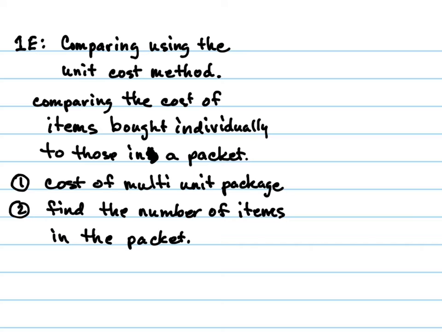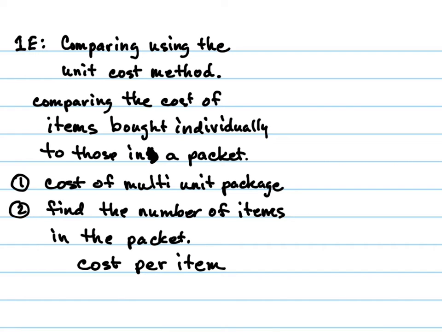Once you know both of those, then it's going to be relatively easy to do the math to figure out how much one individual item would cost. Because if you think about what you're dealing with, you're looking for the cost per item. You probably haven't thought of it very much like this, but anytime you see that word per, you're usually talking about dividing.